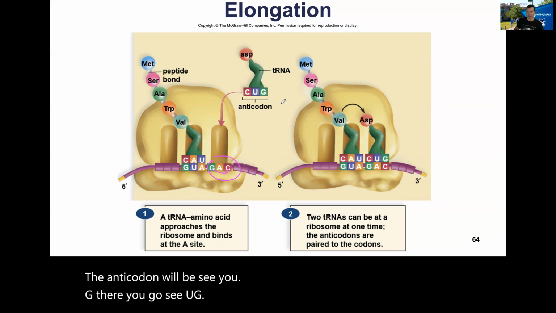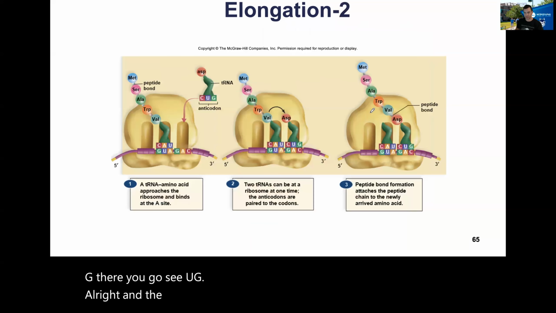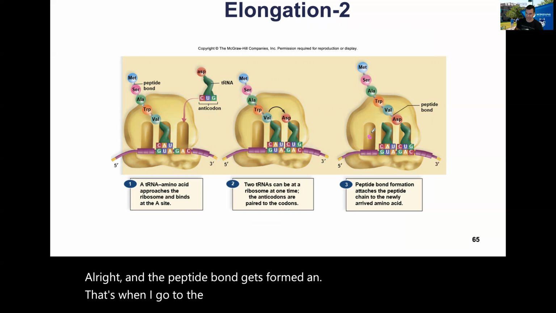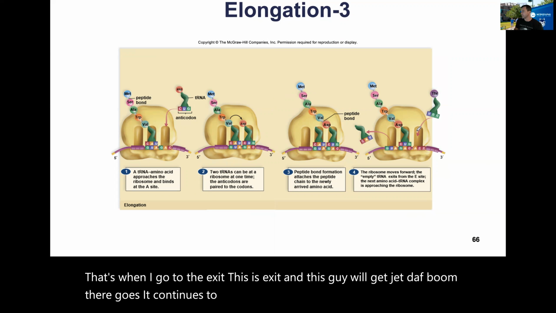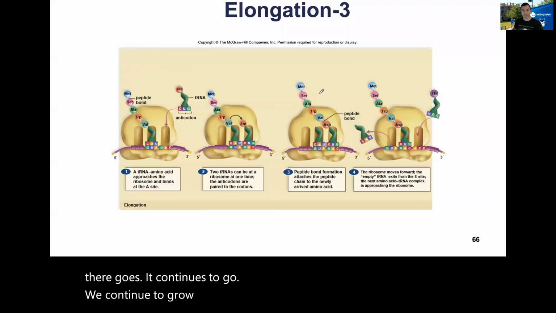And the peptide bond gets formed, and this one will go to the exit. This is the exit, and this guy will get jetted off. Boom, there it goes. It continues to go, and we continue to grow this chain of amino acids.